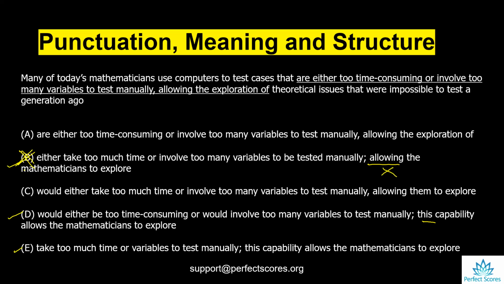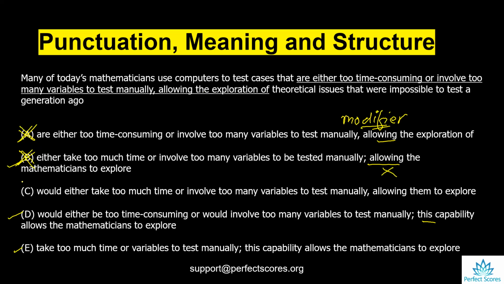Allowing the exploration to whom? Is it to computers or mathematicians? So that is not clear. Okay, yes. So that is a modifier error because it's creating confusion about the verb "allowing". All right, so A is gone. There's another reason why A is wrong, which I'll talk about later.